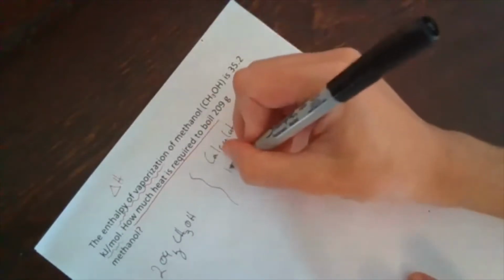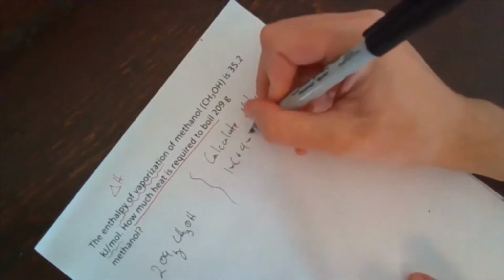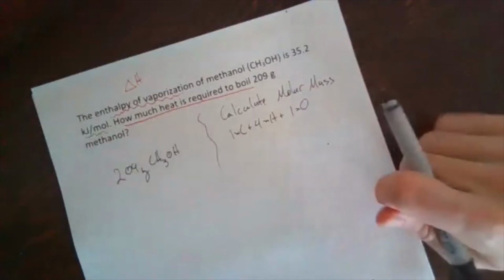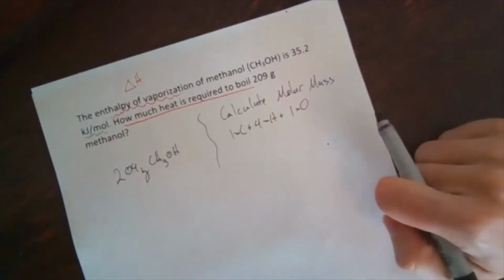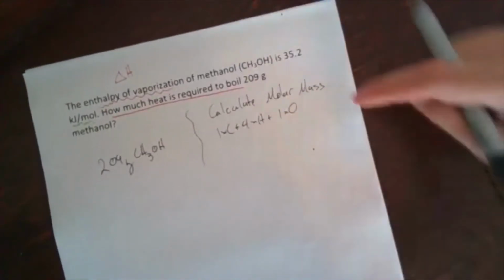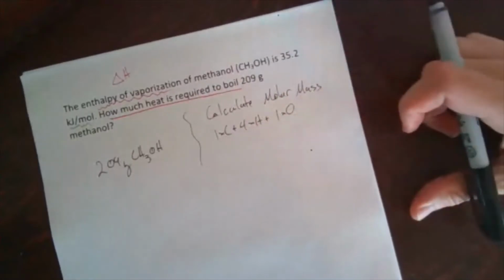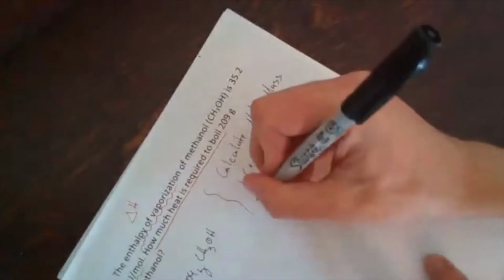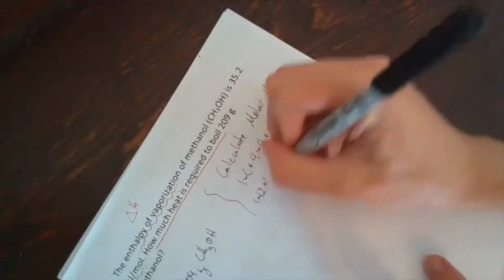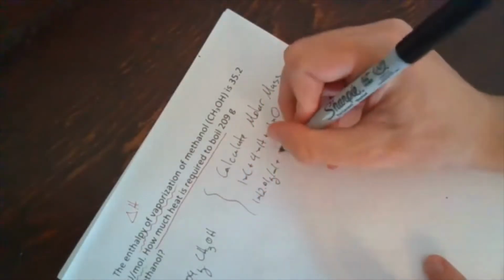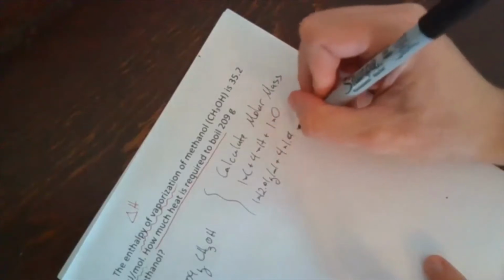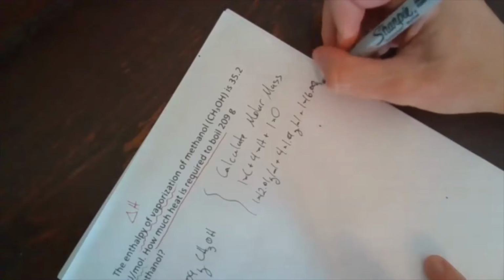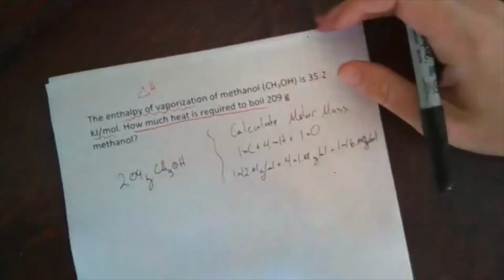So I have 1 carbon plus 4 hydrogens plus 1 oxygen. And then I need to know the mass of each type of atom. And I find those on the periodic table. Those are the mass values that are on the periodic table. Carbon is 12.01 grams per mole. Hydrogen is 1.01 grams per mole, and oxygen is 16.00 grams per mole.